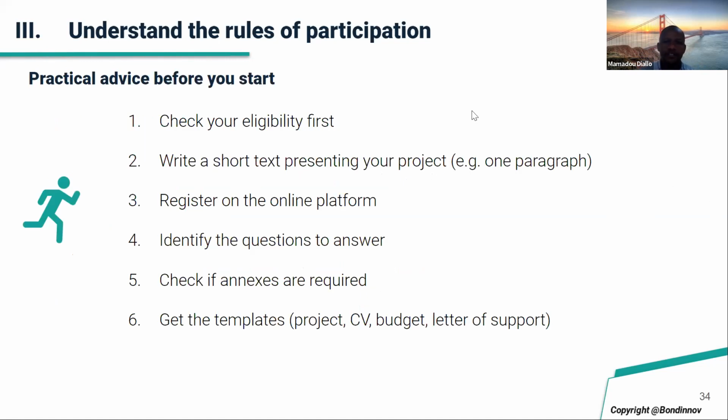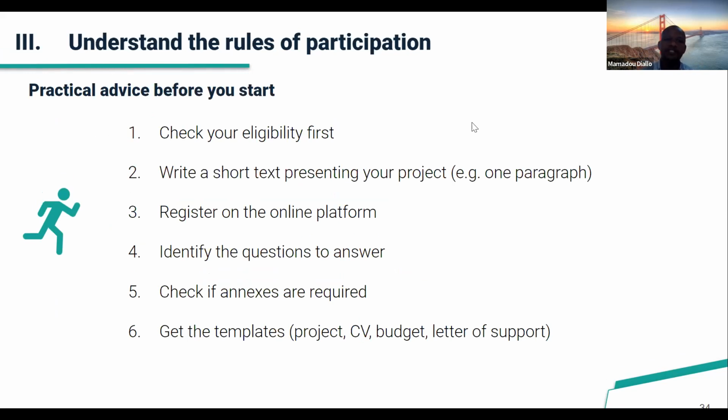Still on understanding the rules, practical advice for you to start is to check your eligibility. Are you eligible? Is your institution eligible? Then write a short text presenting your project, just one paragraph. You remember we talked about the project tree.